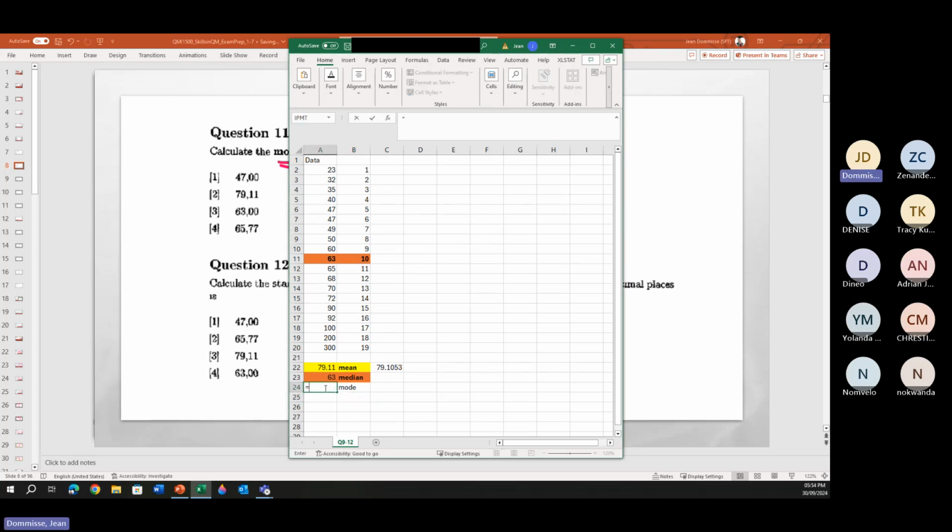So again, there is a mode function. What I like normally is to say multi-mode, because if there are maybe more than one mode, that can also happen. So I normally like to ask for any multiple modes.